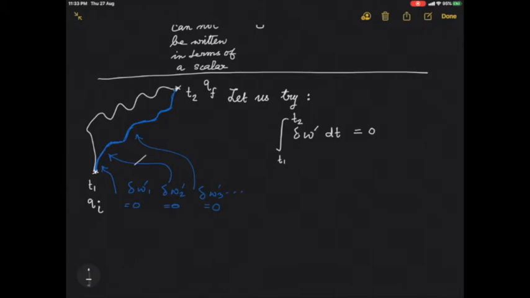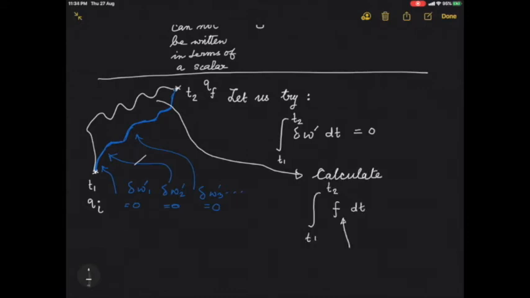What I will do is, I will choose any arbitrary trajectory, and for that trajectory I will calculate this integral. This integral, let me write it here, the integral of some f dt, depends on the trajectory. We'll give it a more concrete form, but let us first understand it. So I'll calculate this integral. In fact, this integral is called the action integral.